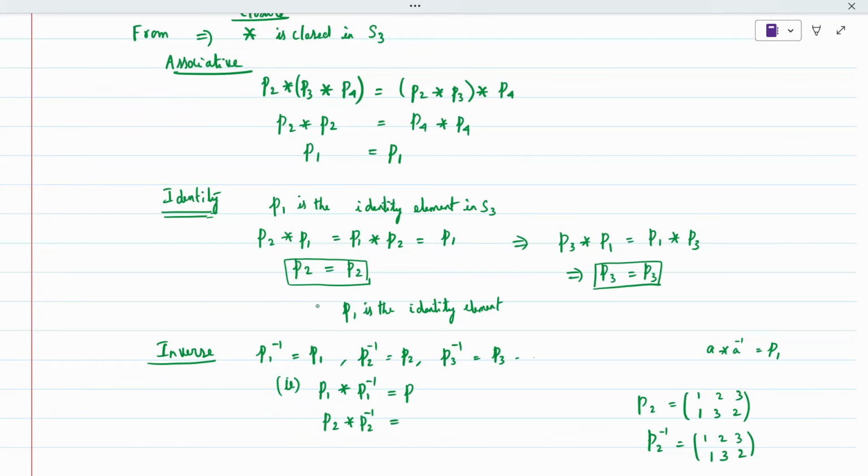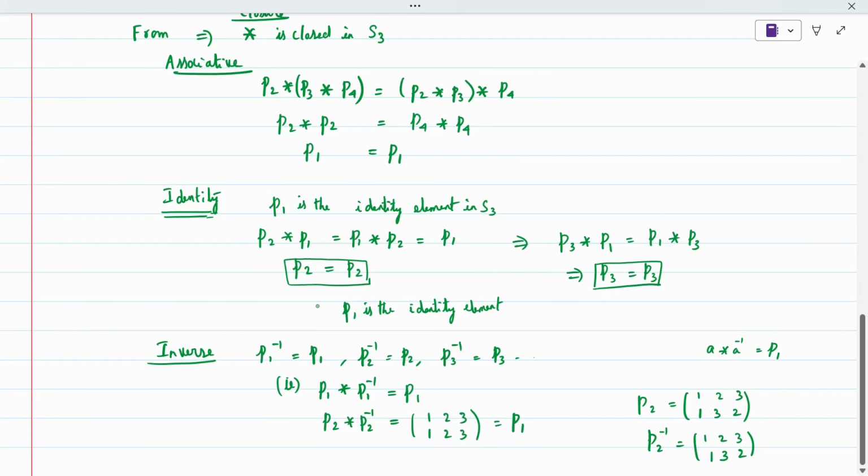From bottom to top. So P2 inverse is like that, and it is nothing but the same element. When I take the composition, 1 is mapped to 1, 2 is mapped to 3, 3 is mapped to 2. So I am getting 1, 2, 3, which is nothing but P1.